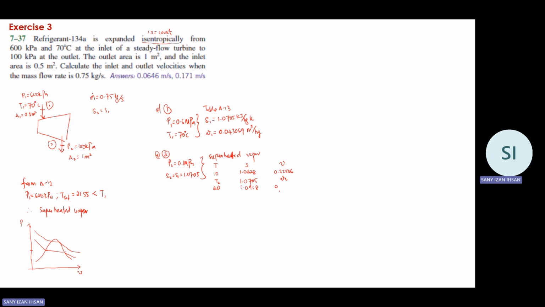And for 20 degrees, 0.23373. So you can use this in order to get V2.